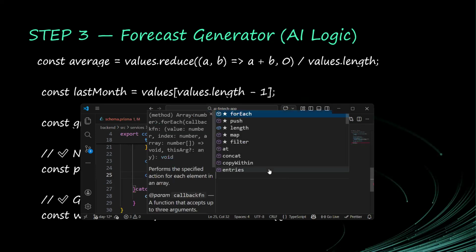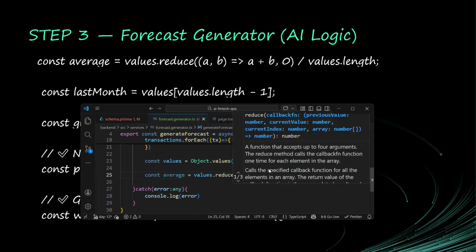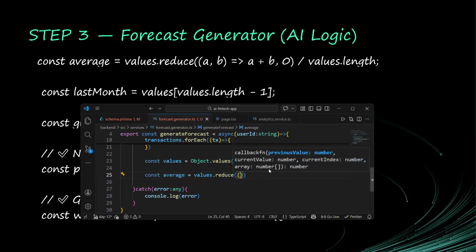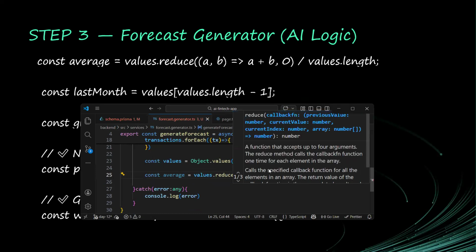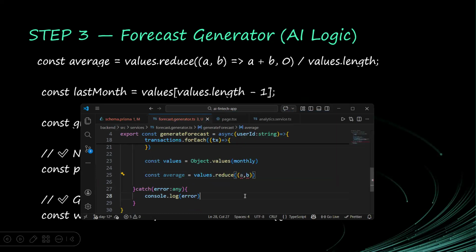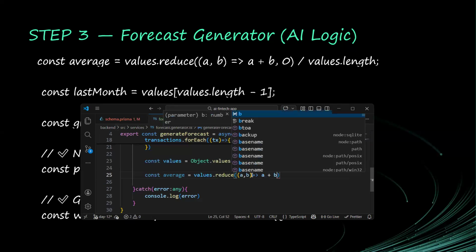So we say values.reduce. The reduce method is what we also teach in JavaScript arrays. So the reduce method will take this function A and B, and it's an arrow function. So it's just going to return A plus B, all right?